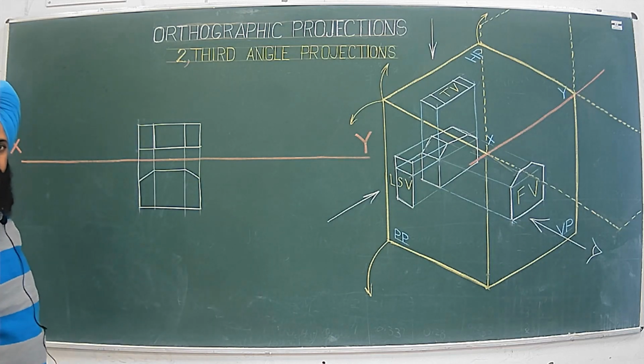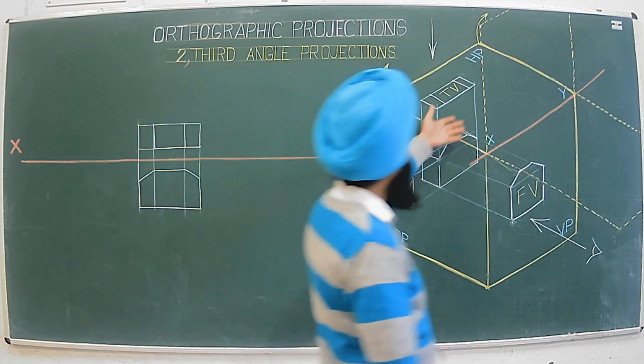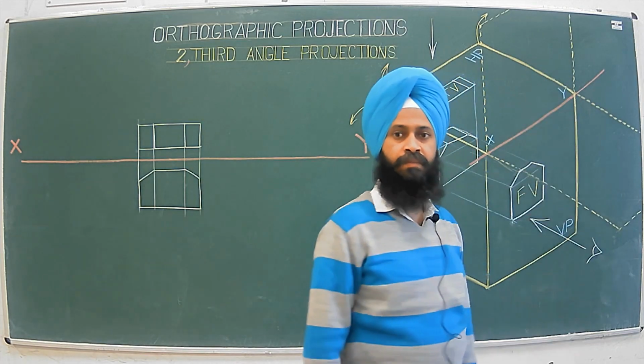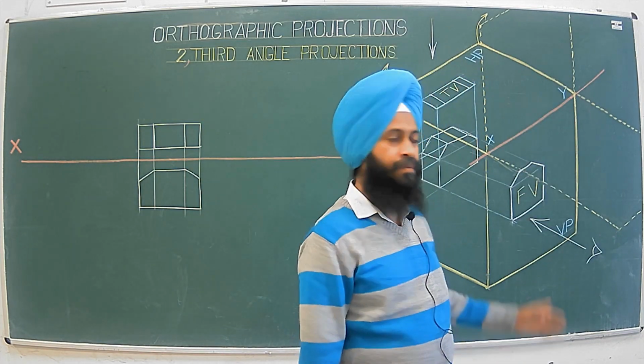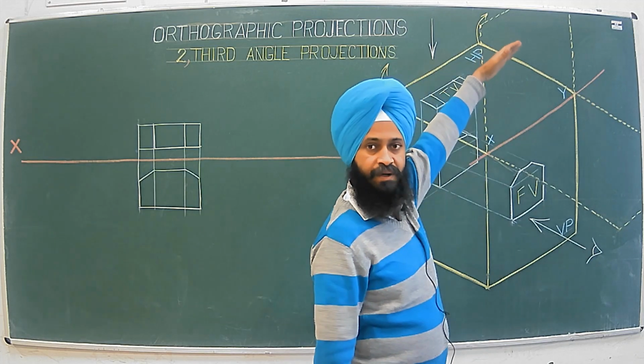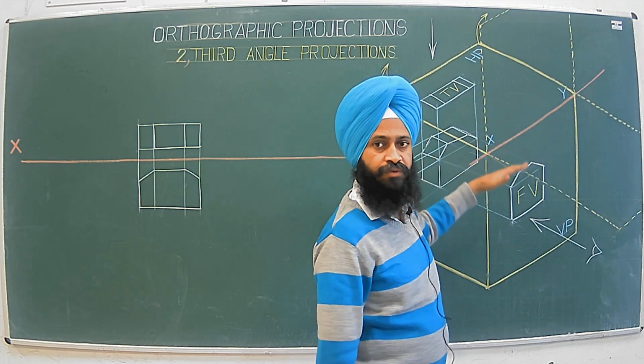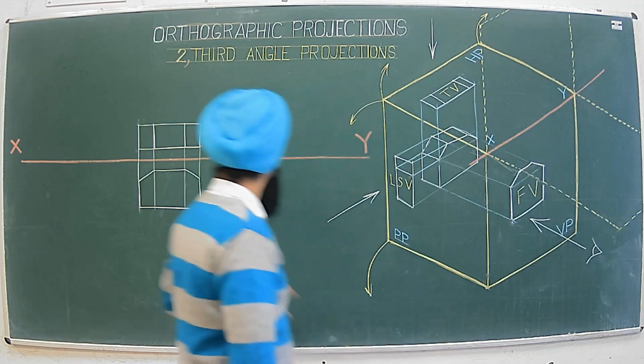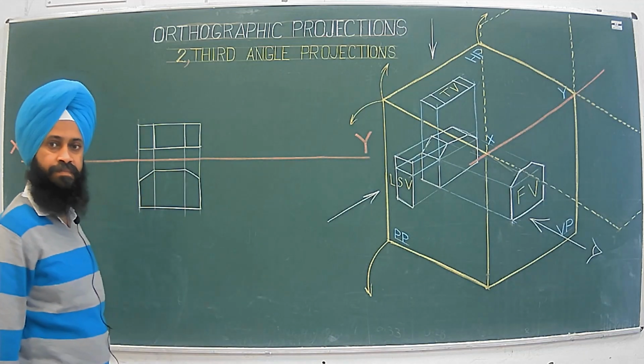Like this, top view and front view. So in third angle projection, the top view lies above the XY line, and the front view lies below the XY line.